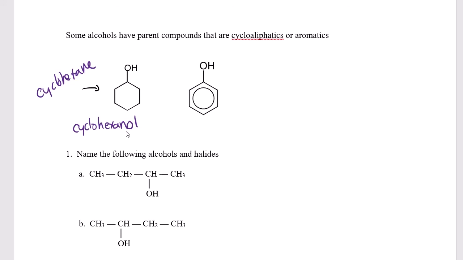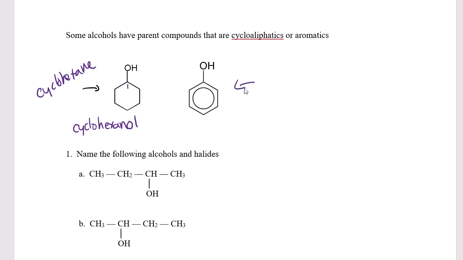It's just got a single hydroxyl, and then we replace it with an ol. And with other cyclic compounds, if we just have one substituent, one functional group, we don't need a locant because we always start numbering with that on carbon 1. So it doesn't matter where we put it, because it's always going to be carbon 1.